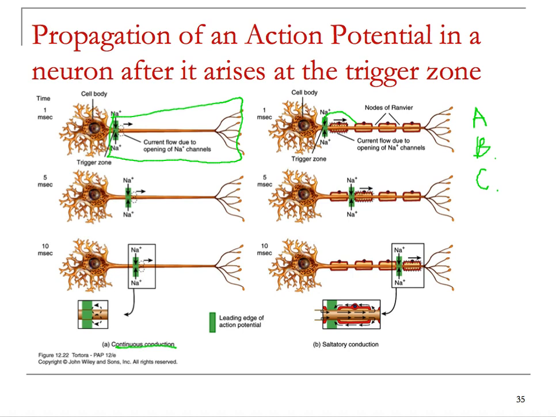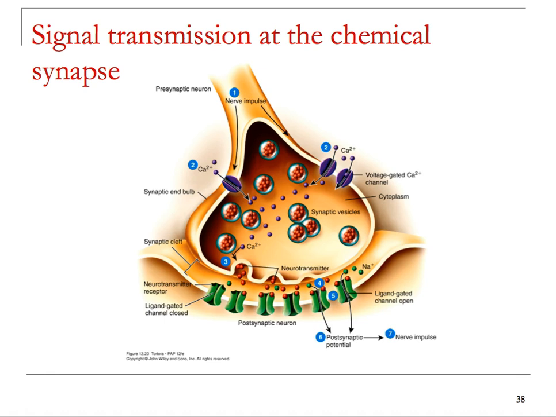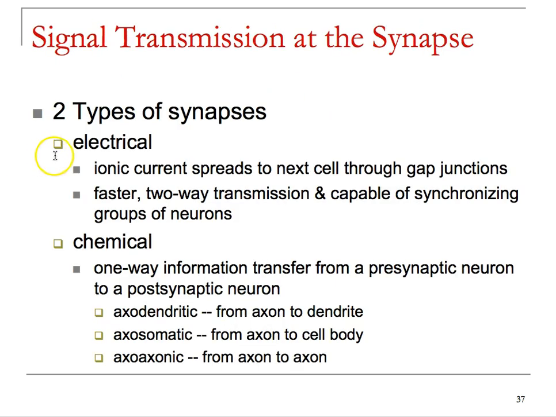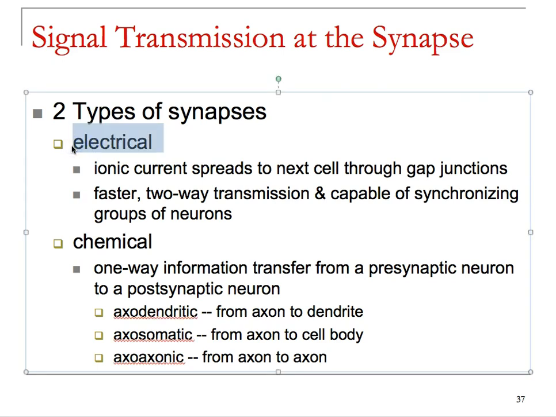So let's take a look at the synapse inside of a cell. I remember at the beginning I told you there are actually two types of synapses inside the body. The first of which is an electrical one. We saw that back in chapter 4, where you actually have ion current spread through gap junctions.